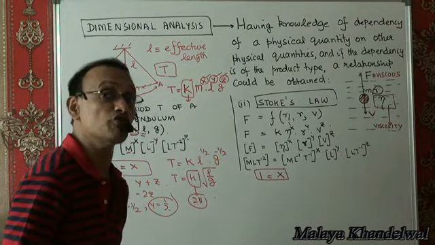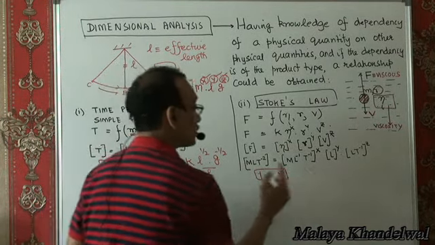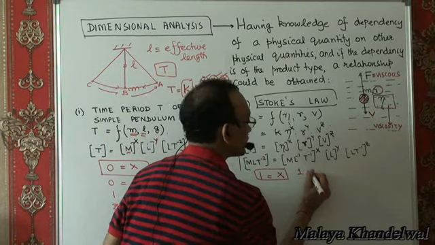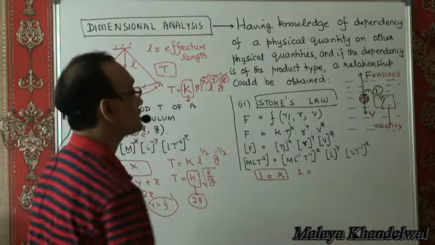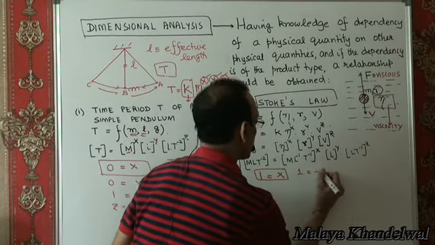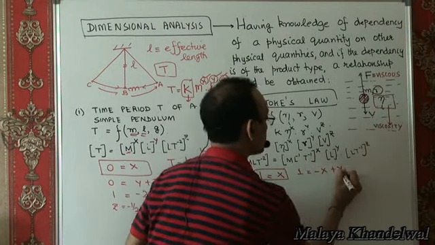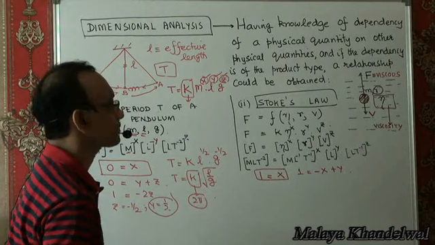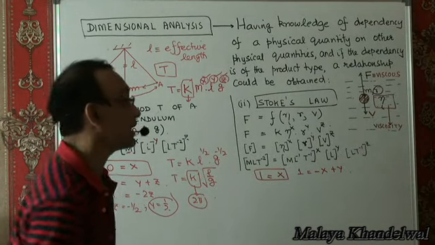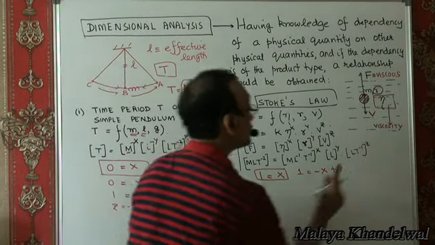Let's equate powers of L on both sides. The power of L on the left hand side is 1. The power of L on the right hand side is minus x plus y, and then there is a plus z.